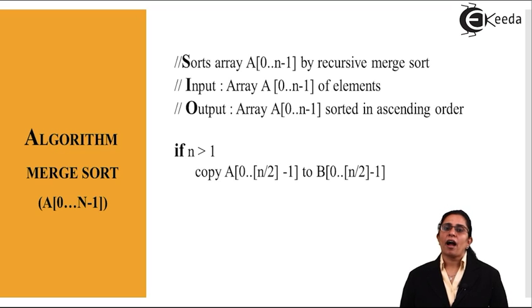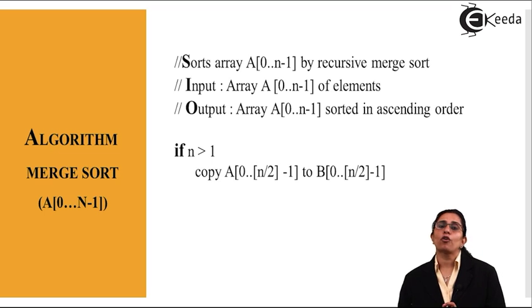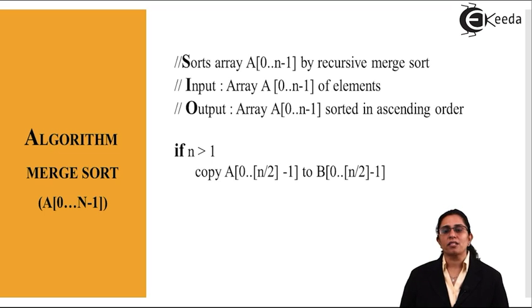Means if I had, for example, an array of the size 7, and I have split it into two parts, my array B was of the size 4. As I am starting my array from the index 0, it has to go from 0 to 3, not 0 to 4. That is the reason we say copy A 0 to n/2 minus 1 into the array B.